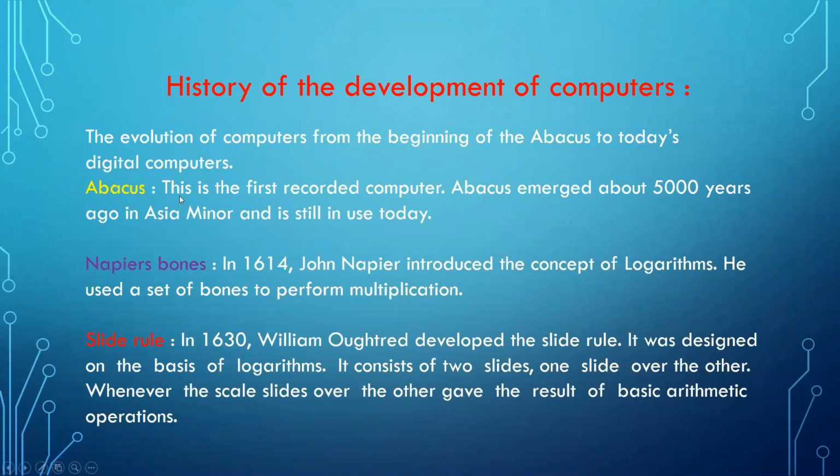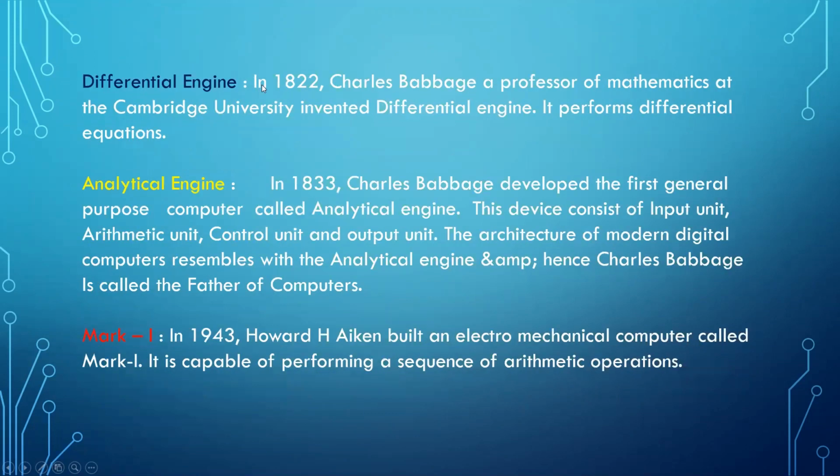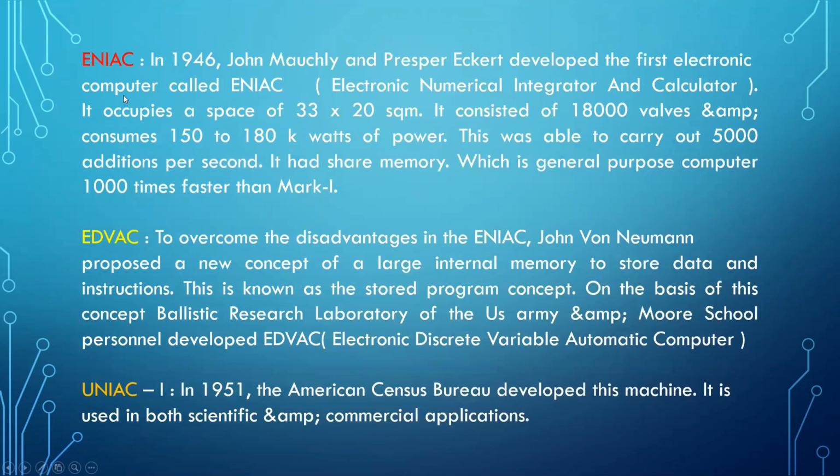First, that is abacus, then Napier's bones, slide rules, Pascaline, rotating wheel calculator, Jacquard's loom, differential engine, analytical engine, Mark 1, and we have reached ENIAC, that is Electronic Numerical Integrator and Calculator.